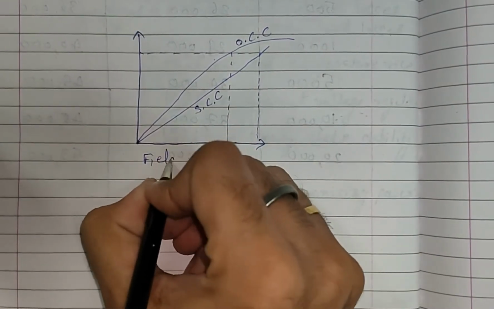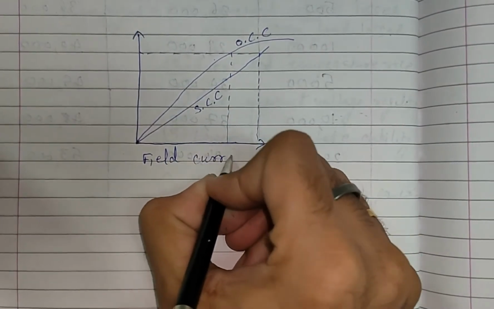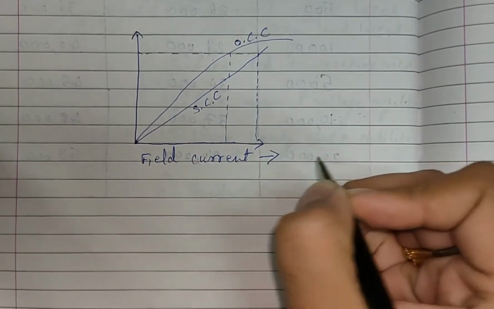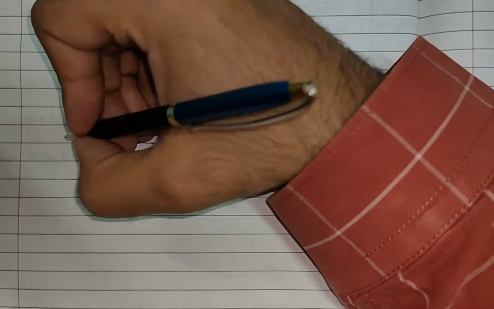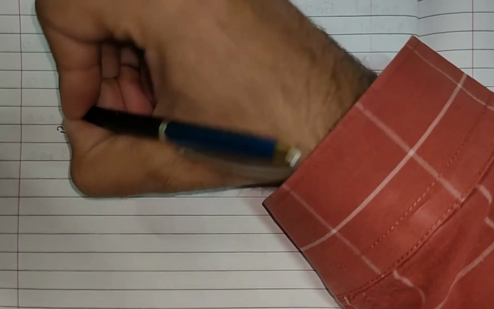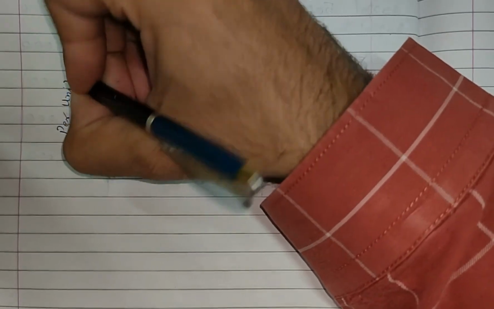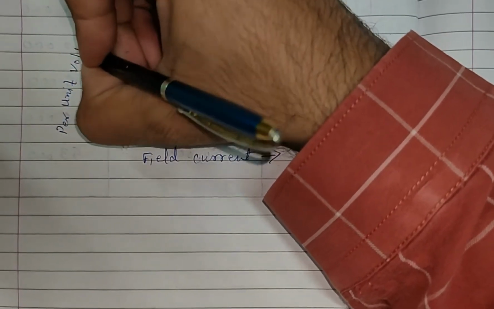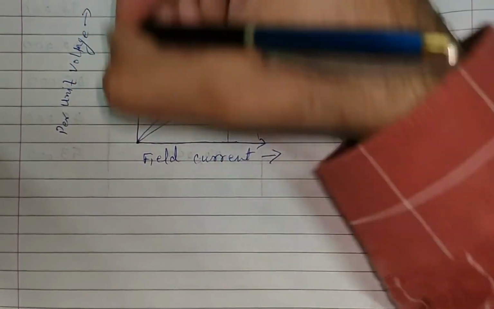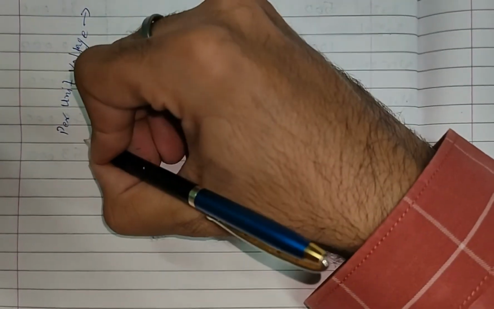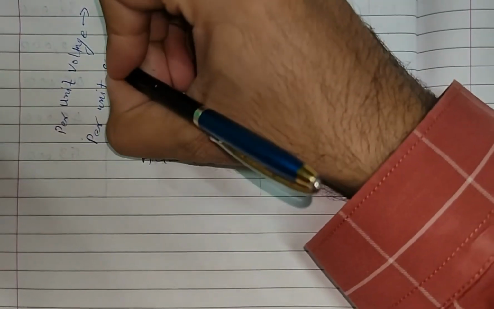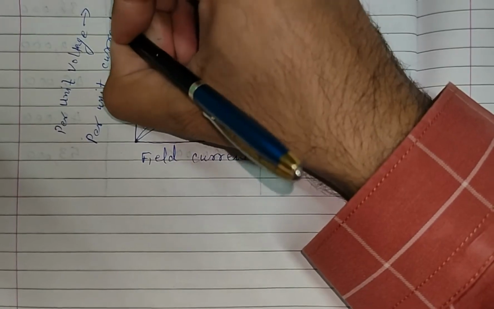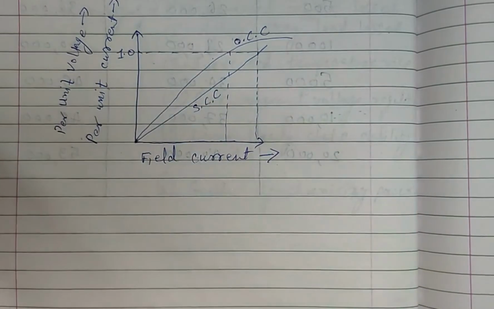This is my field current of the synchronous machine on the x-axis, while the y-axis carries per unit voltage as well as per unit current, and this point is taken as 1 per unit.